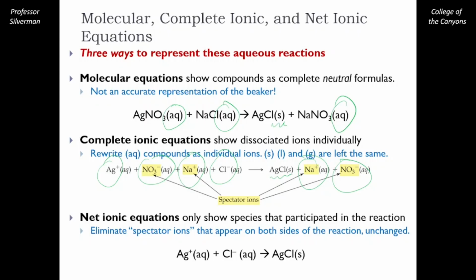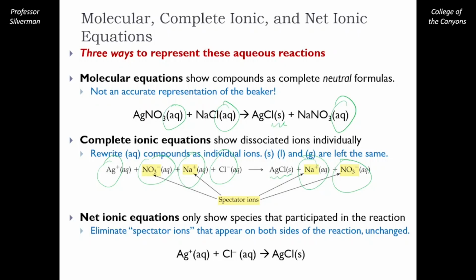Notably here, we have a few ions that are highlighted and labeled as spectator ions. Spectator ions are present in the beaker, but they're exactly the same before and after the reaction. They're floating around by themselves and they're unchanged. They aren't actually participating, they're just floating around and watching, like spectators.